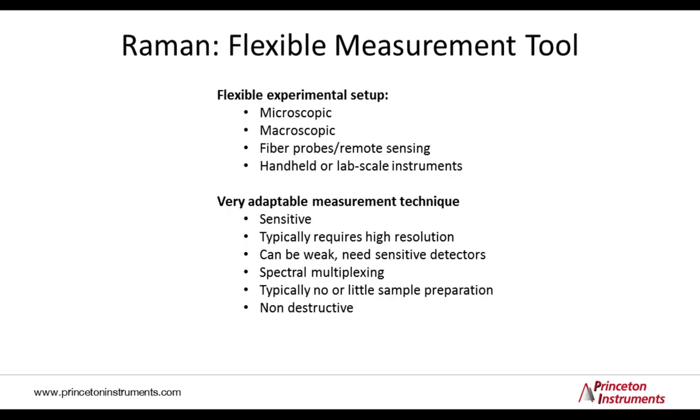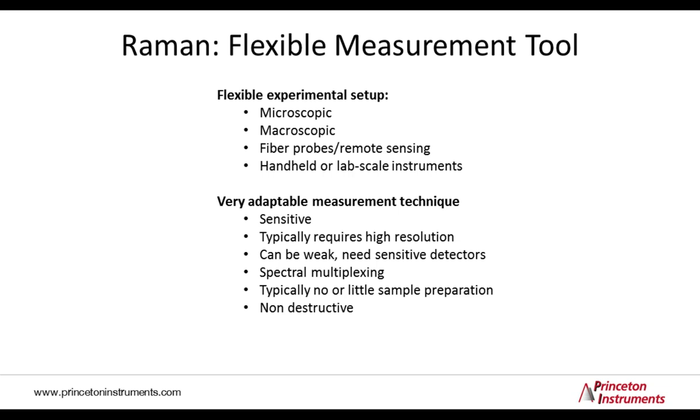To summarize this section, we have hopefully seen that Raman spectroscopy is a very flexible and powerful experimental tool. It can be applied on macroscopic and microscopic scales, used with remote or fiber probes, and the quality of the instruments can range from simple handheld devices to big lab-scale devices.